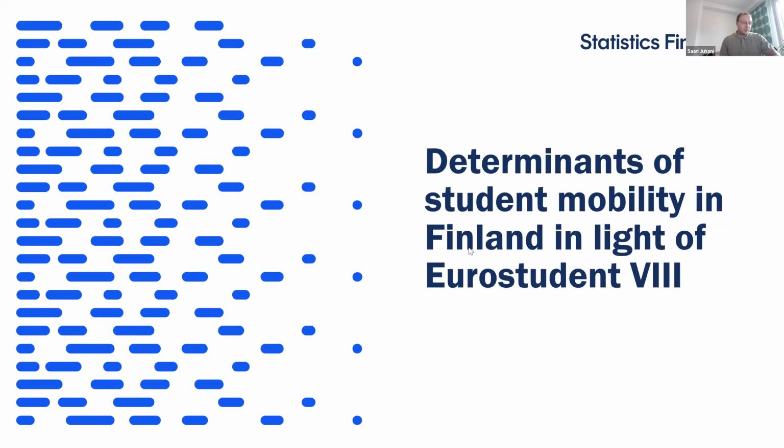Beginning with a brief outline of what the mobility figures in Finland look like, I'm carefully proceeding to trying to come up with the determinants, based on prior research and the EUROSTUDENT national datasets, of what the main predictors of mobility are that decision makers and researchers might want to focus their attention on, assuming that one of the policy goals that we're sharing is that we want to increase the mobility of students, especially in those groups that are currently underrepresented in mobility statistics.